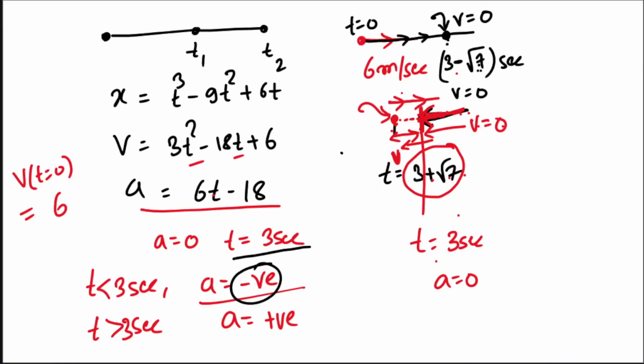I mean it will try to push the body towards right direction. So if here velocity is becoming 0, after this point, body will start moving towards right, under the effect of positive acceleration. So yes, at time 3 plus root 7 second also, its velocity direction is getting reversed.